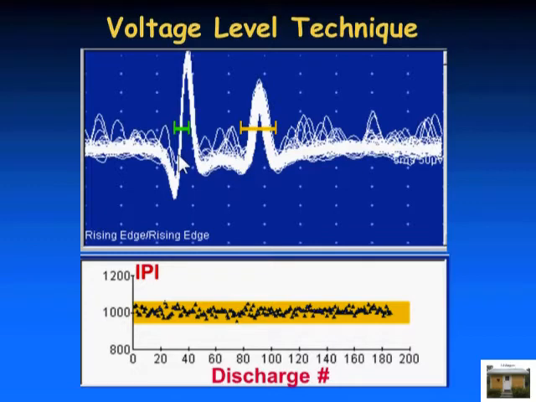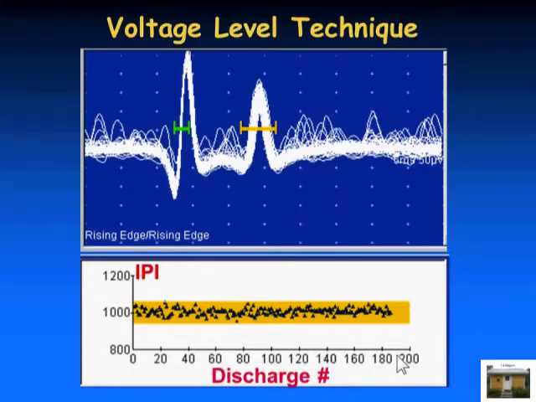The point on the first signal that goes through this threshold starts a clock, and the point at which the following potential goes through the second window stops the clock, and then the clock reading is stored in the computer. And this happens for all of these pairs of potentials that are occurring during this epoch.